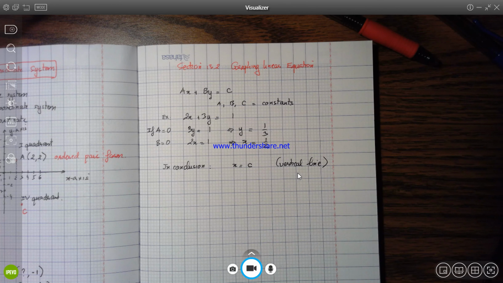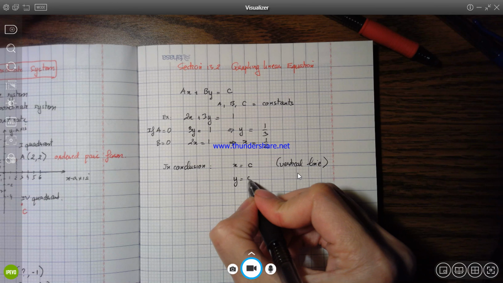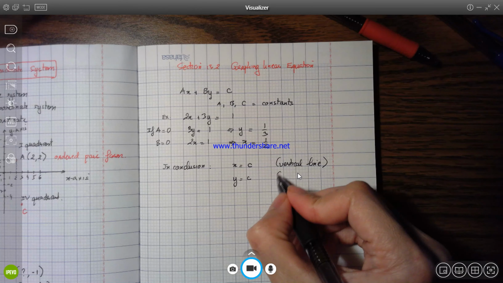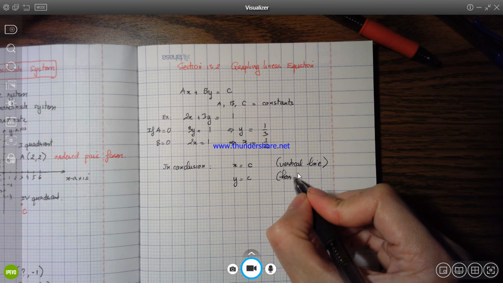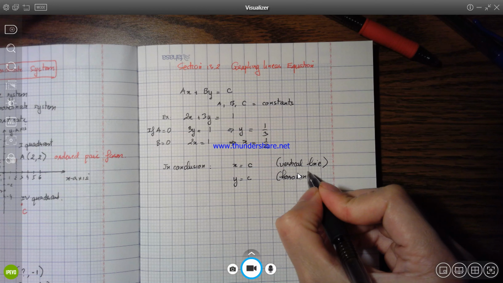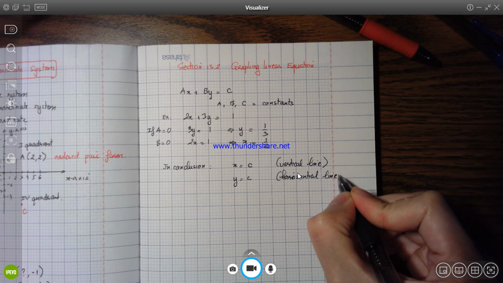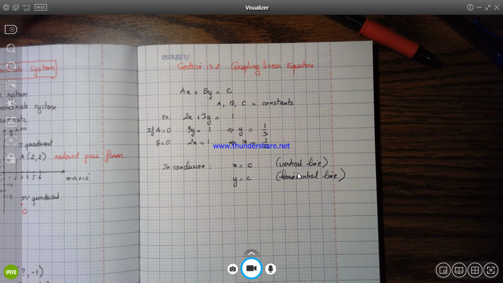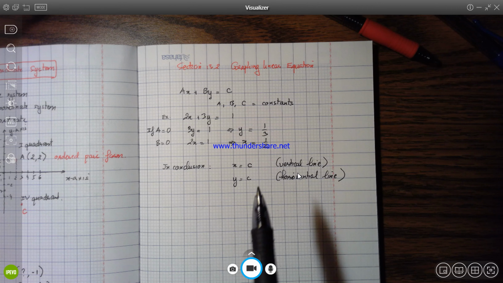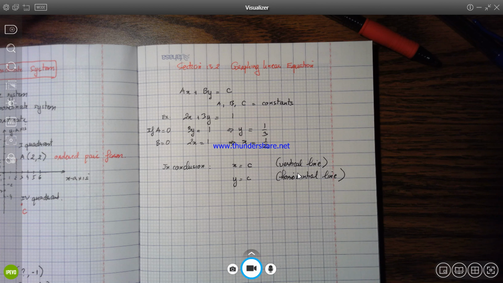And if y equals a number c, we will have a horizontal line. If we have something other than these two special cases, the line will be slanted. It could be slanted upward, it could be slanted downward.